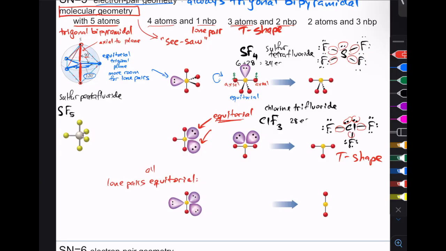So if they're all in the equatorial plane, that leaves the 2 bonded atoms to be in the axial position. And if you look at the bond angles, axial positions are 90 degrees away from that equatorial plane. So what do you end up with here? What do you suppose this shape is called? It's linear.